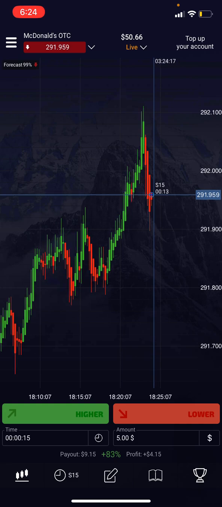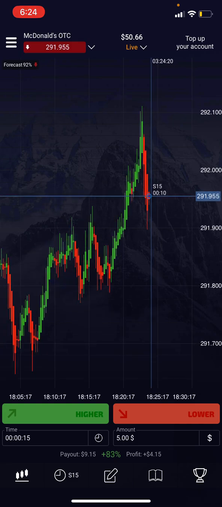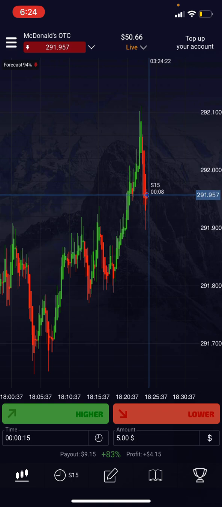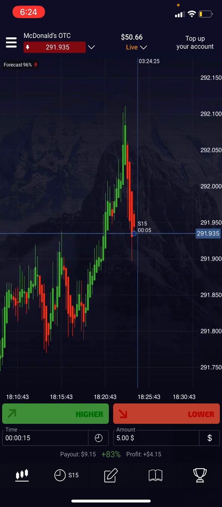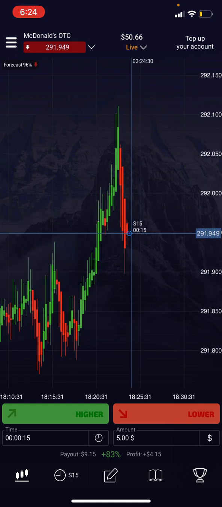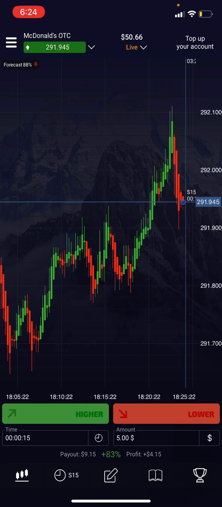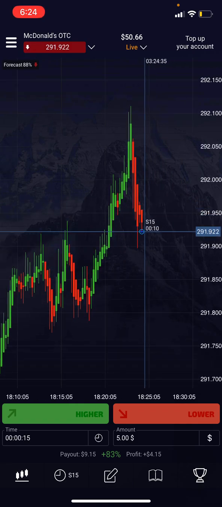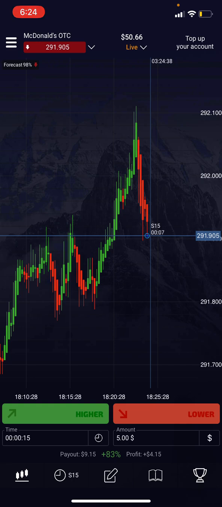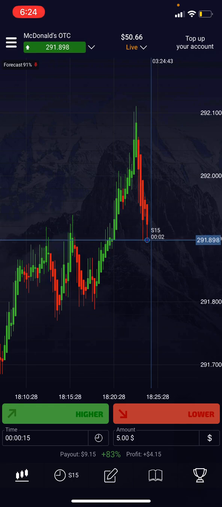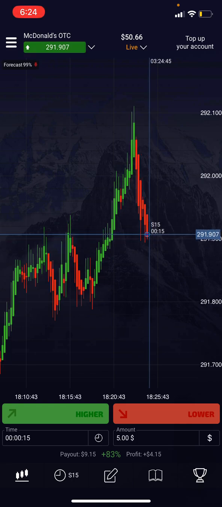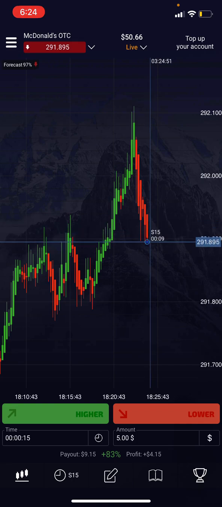I'll go more into detail on support and resistance, and why that last candle reacted the way it did in this 291.900 area. Yes, we might have some sales taking place right now, but I wouldn't be surprised if this turned right back up and continued up and found a floor, if you will, or a certain level of support at this area.